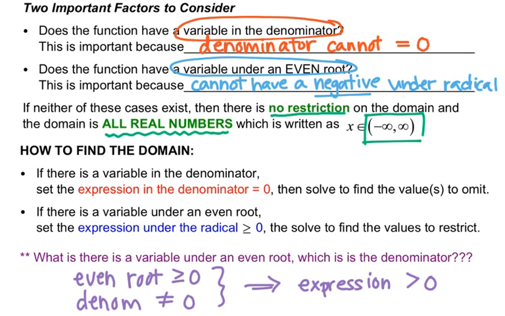When we look at both of the rules having to be true simultaneously, we end up with a greater than 0. Again, though, you really only have two rules. We're looking for a denominator because the denominator is not allowed to equal 0. And then the expression under the radical must be positive or equal to 0. So let's look at some examples.